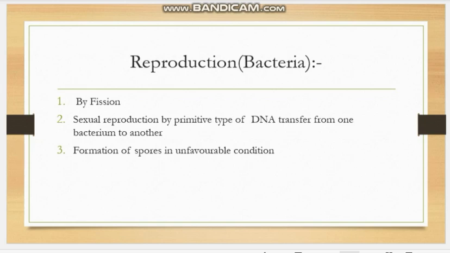So that is the spore. And a very typical type of reproduction we can see in some bacteria, that is sexual reproduction by a primitive type of DNA transfer from one bacterium to another. So this is their reproduction type.